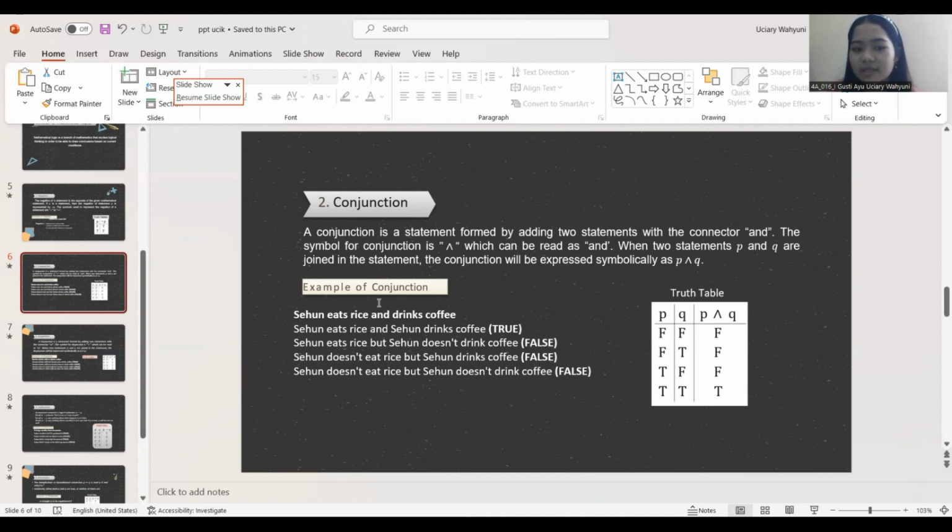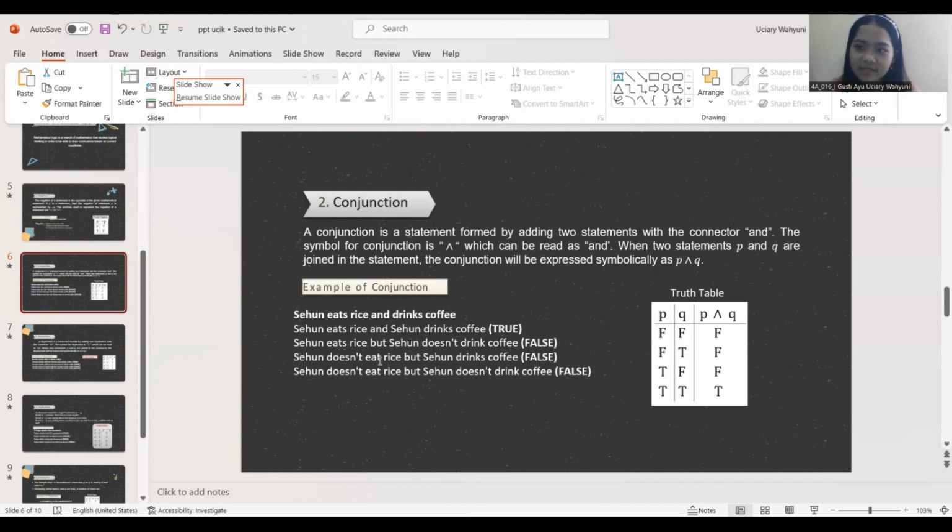Now we look at an example of conjunction, guys. Sehun eats rice and drinks coffee. This is the sentence. So the conjunction is: Sehun eats rice and Sehun drinks coffee. This sentence is true. Sehun eats rice, but Sehun doesn't drink coffee. This sentence is false.